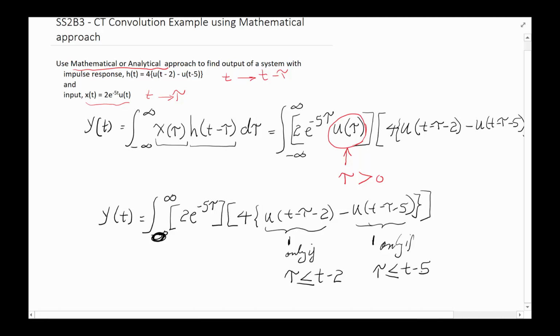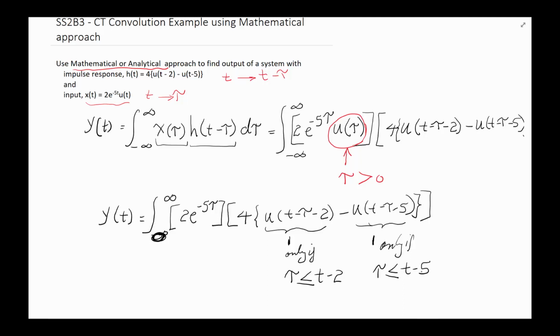You notice these are getting subtracted from each other, so that's limiting our range, which basically says our range for whatever we are doing, t goes from minus 2 to minus 5, and that's all it does there.